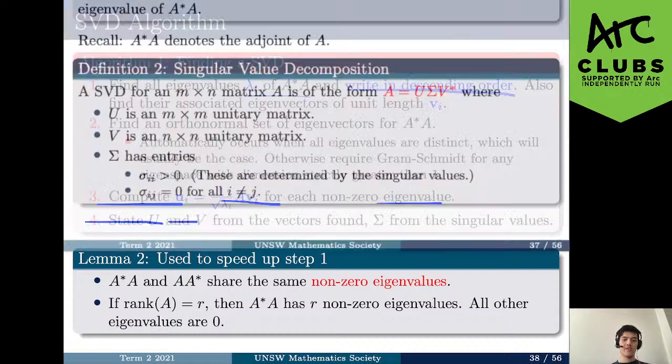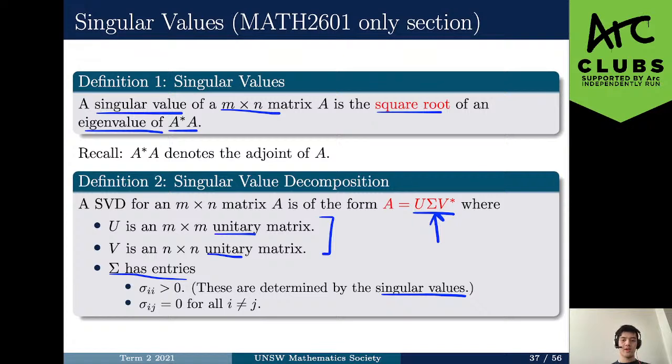So the convention is to have this sigma matrix here. Sigma is a diagonal matrix with diagonal elements.